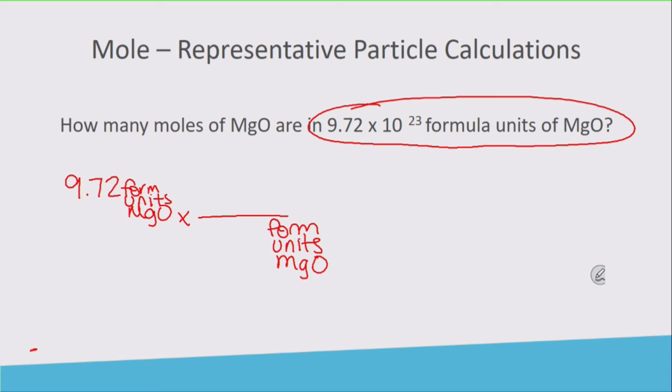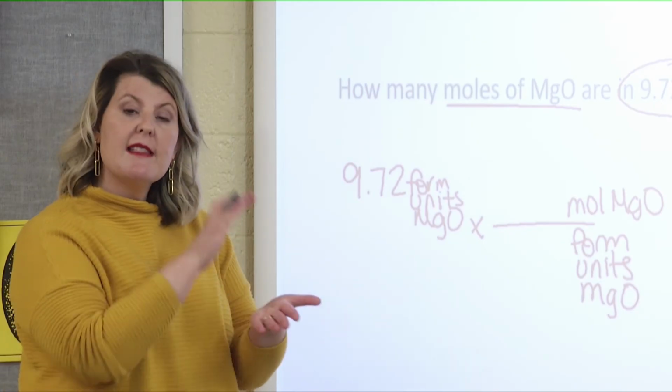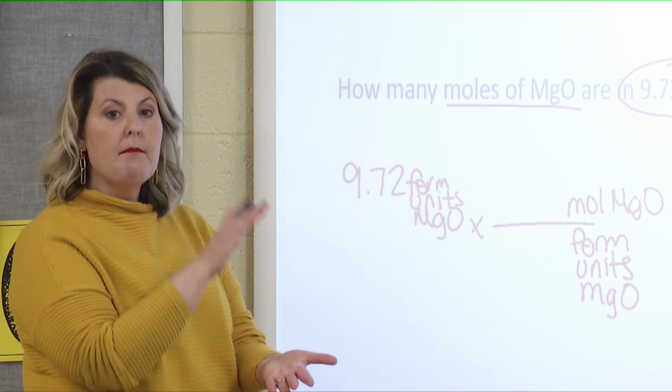Now let's go see what we want to get to. We want to get to how many moles. Can you put moles and formula units together? Yes. Look right up there at that conversion factor that we have. So on the top, we're going to put moles of MgO. Now look at this. Don't memorize the one goes on the top or the one goes on the bottom. You memorize that the one goes with the word mole.